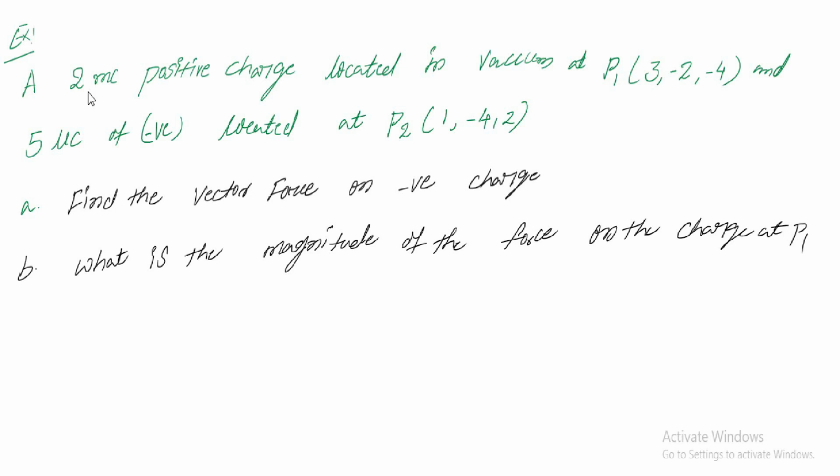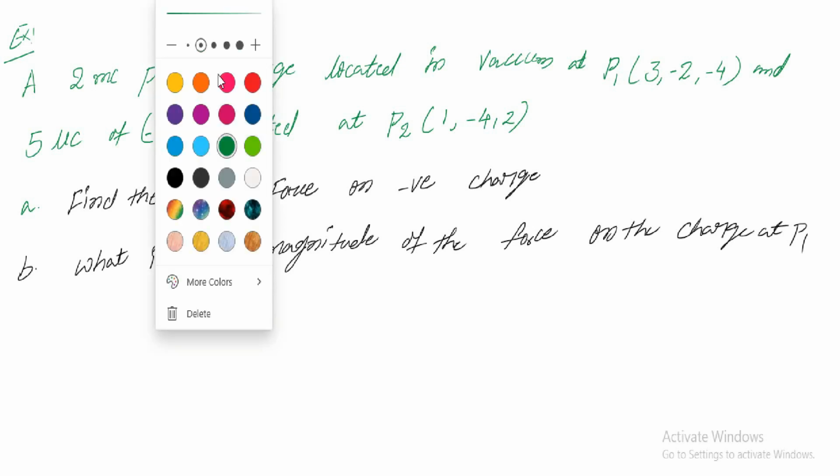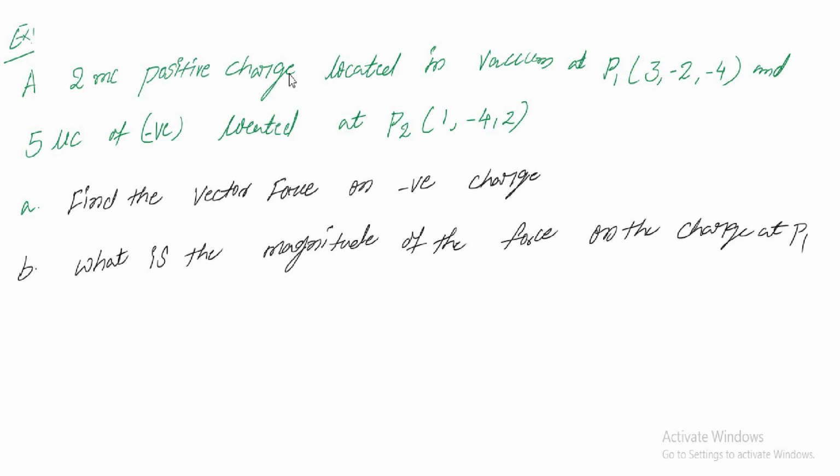Let us draw. So here one point is given. This is the 2 millicoulomb charge located at 3, minus 2, minus 4, and this is the 5 microcoulomb charge at 1, minus 4, 2. So what we have to find is the force.